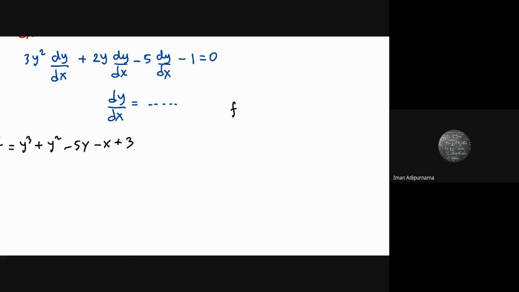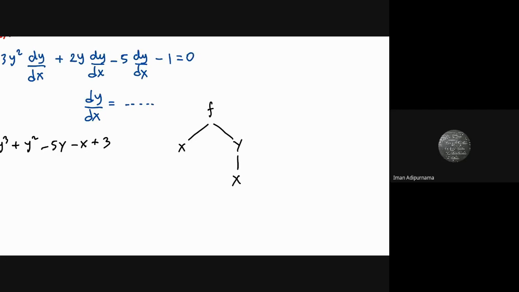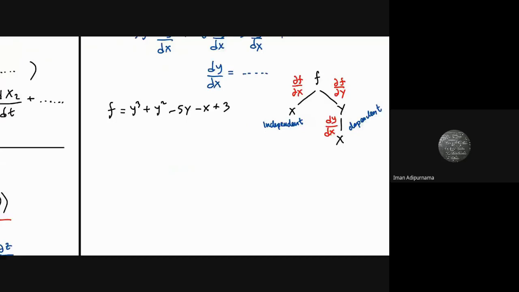So f has x and y, and y still has x. And this is independent, and this is dependent, right? y depends on x, okay?